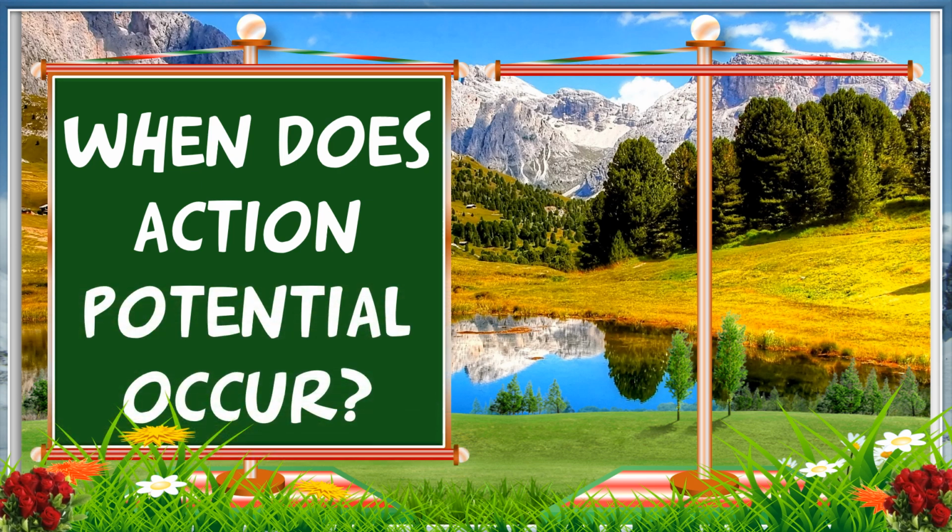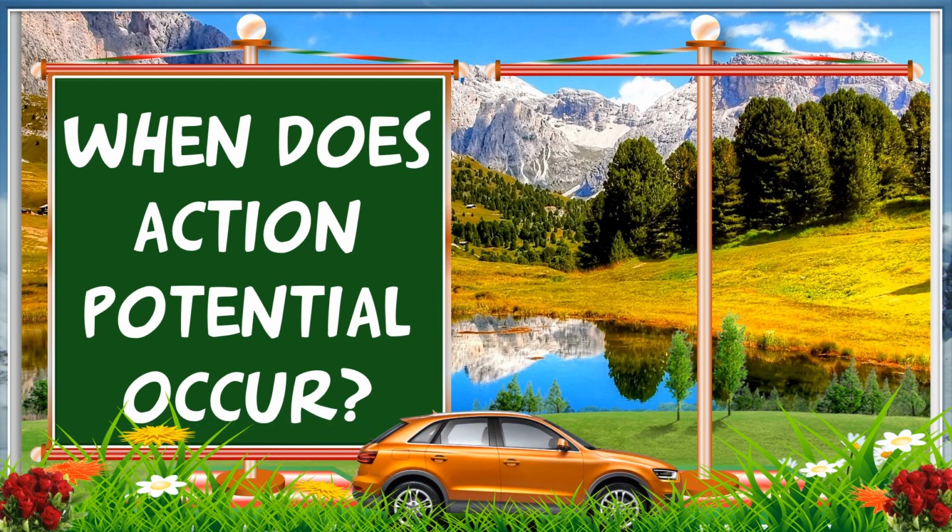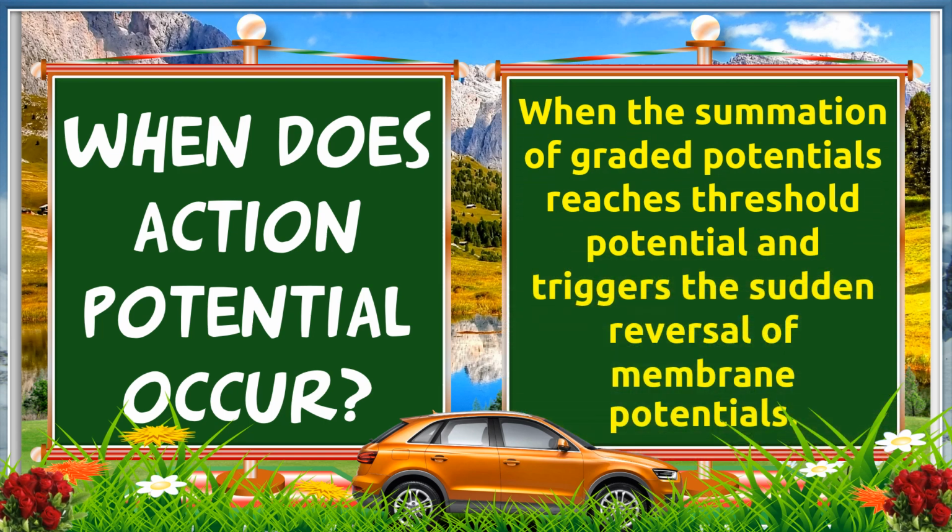When does action potential occur? When the summation of graded potentials reaches threshold potential and it triggers the sudden reversal of membrane potential.